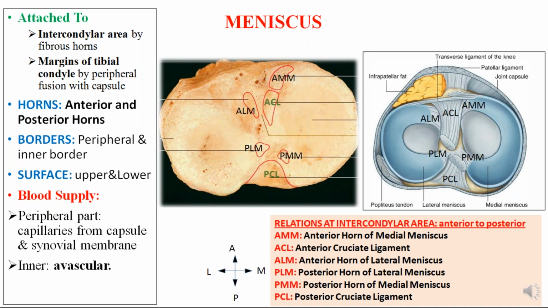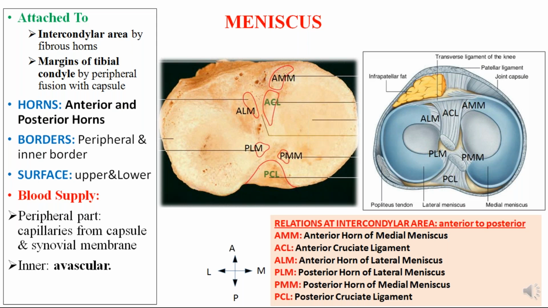So how to remember it? For the attachment and the relation in the intercondylar area, just remember always that the medial meniscus will be longer, same as the longer anteroposterior extent of the femoral condyle and tibial condyle. Similarly, the medial meniscus will be longer, so their horns will be farther apart. Since the lateral meniscus is smaller, their horns will be closer to each other.